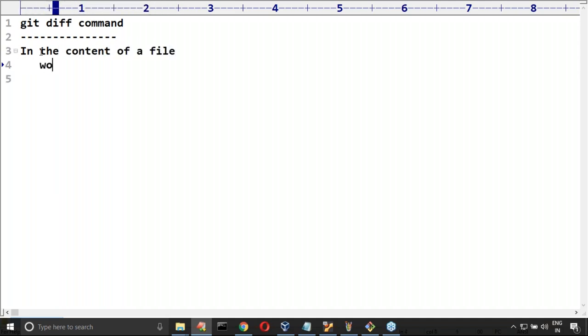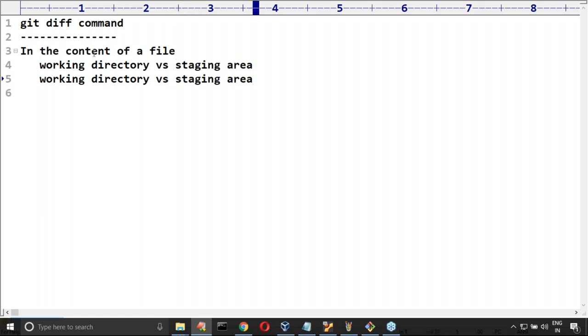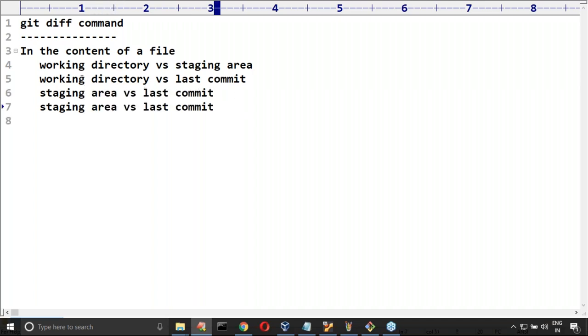Okay, like working directory versus staging area. Next, working directory versus the most recent commit, the last commit. Staging area versus last commit.